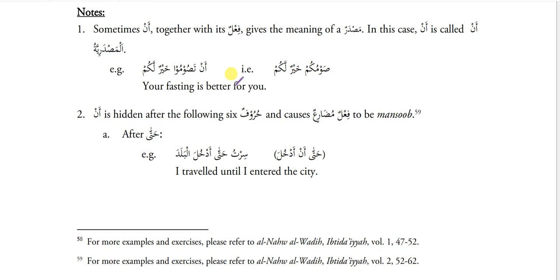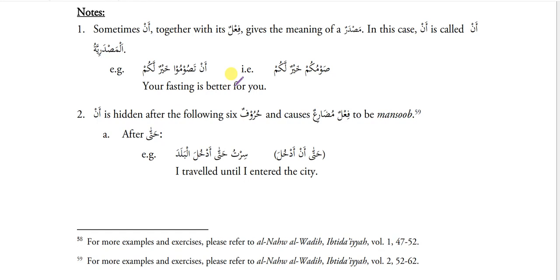See, in the very beginning of our Tasheel Nahw book, I told you that fail are of four types. One is mazi, another is muzare, third is fail amr, and fourth is fail nahi. The mazi tells us about something which happened in the past. Fail muzare tells us about something which is happening right now or will happen in the future.